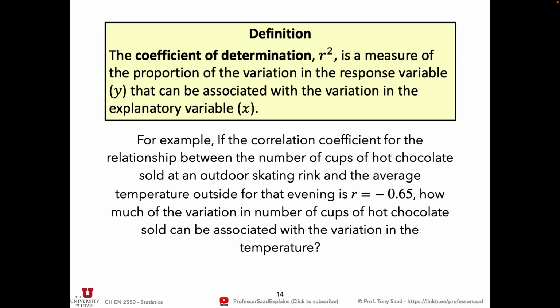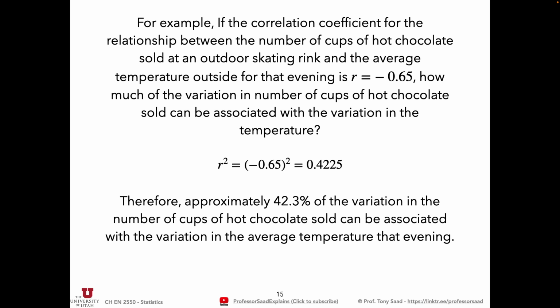Because it keeps them warm, makes them feel fuzzy, etc. So as the temperature decreases, there should be more hot cocoa sold, with r equal to minus 0.65.